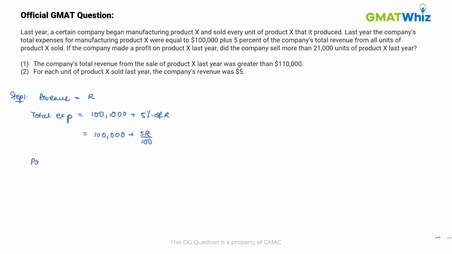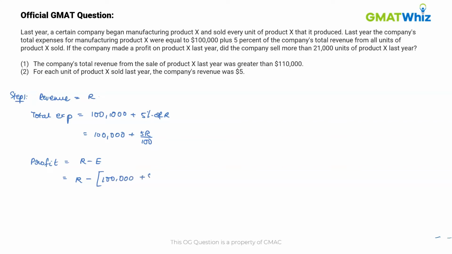Now, we are told that the company did make a profit on the product X last year. So, the profit will be equal to the revenue minus expenses. Now, since the revenue is equal to R and the expenses is 100,000 plus 5R by 100, we can substitute the value of expenses here and find an expression for the profit.